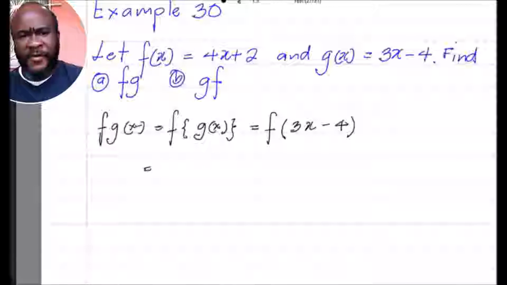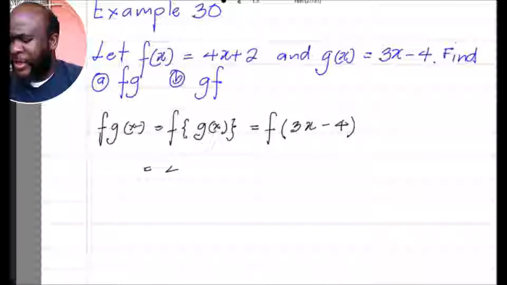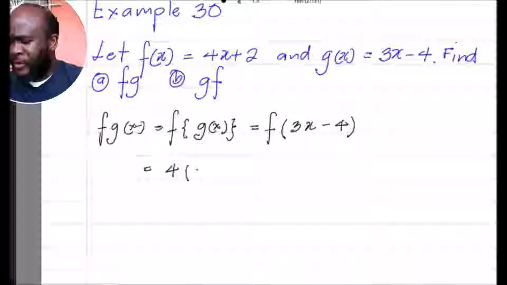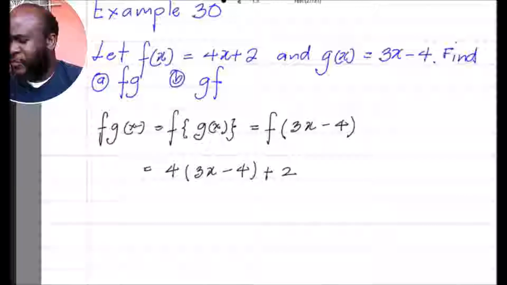So in f, which is 4x plus 2, I'm going to replace x with 3x minus 4. So this is 3x minus 4, and then outside the bracket I have 2. So this is how I would derive f of g of x. It is a function in which the range of g is the domain of f.